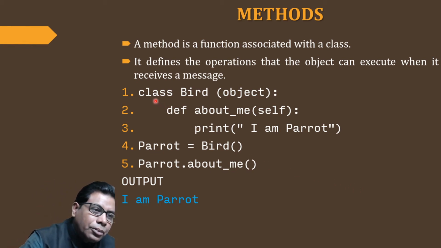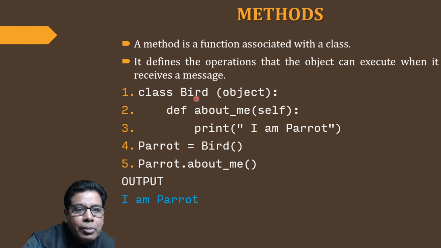So first here class, and then the name of the class bird, and then this is the method about me. Here the argument is self, then it will print I am parrot.